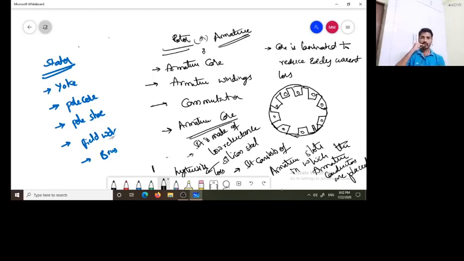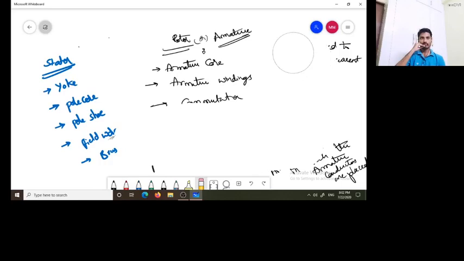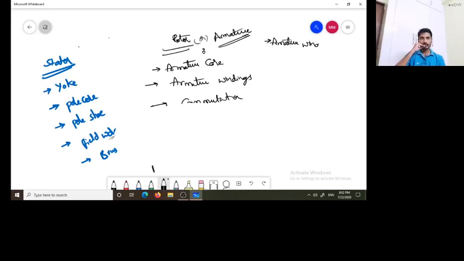Okay, now we are discussing armature windings. Now we'll discuss armature windings. As we know, what is the purpose of the armature winding?